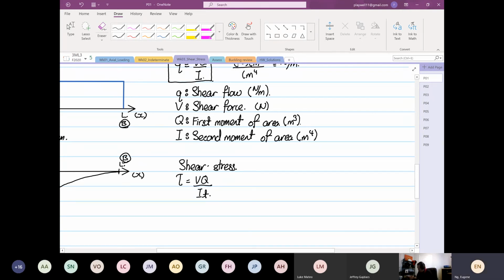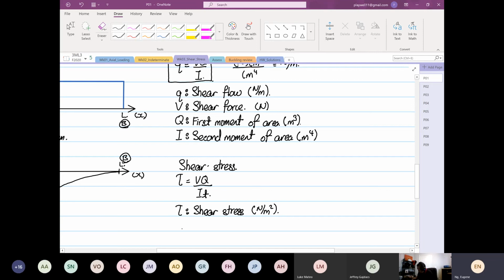The terms are all the same, except I'm going to define tau as our shear stress, which will be in Newton per meter squared.